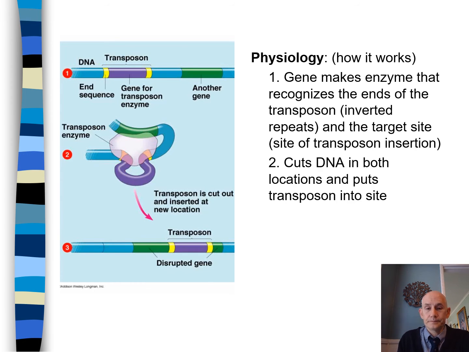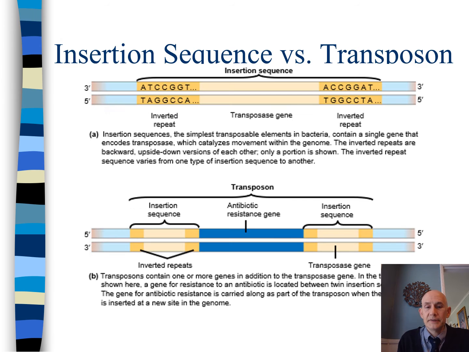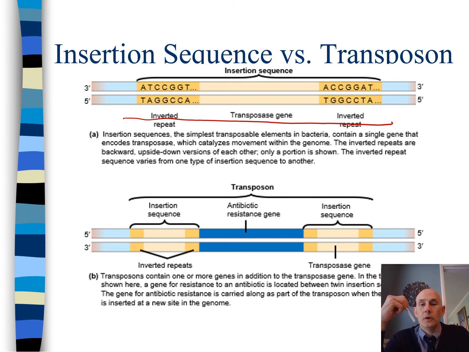Typically, this is just explaining how it works, which I already did. Typically, in a prokaryote, you have what's known as an insertion sequence that simply either makes a copy of itself and inserts it somewhere else, or cuts itself out and inserts it.